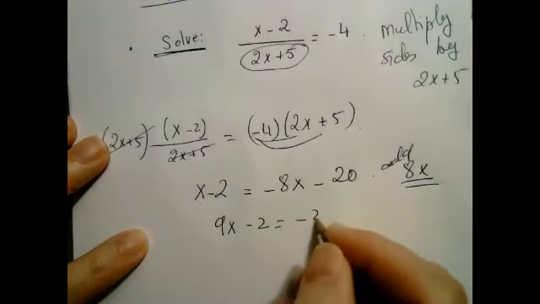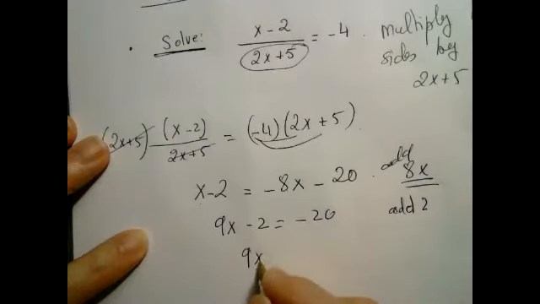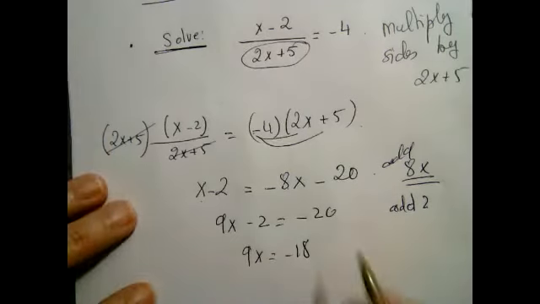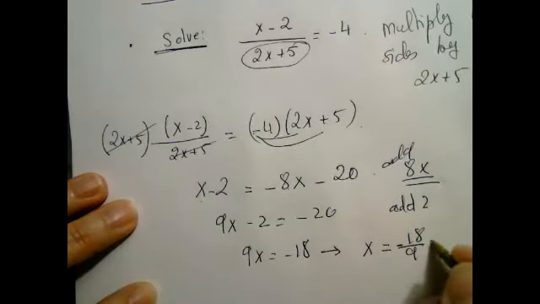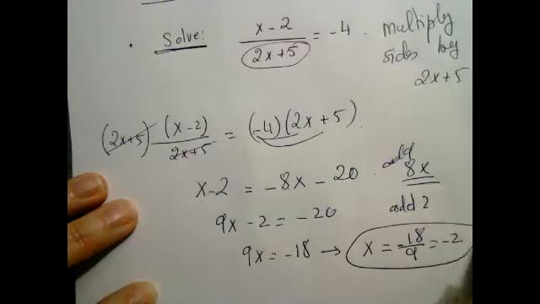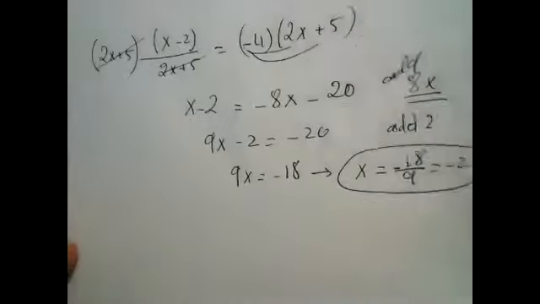Minus 2 equals minus 20. Add 2 to both sides. 9x equals minus 18. Well, that turned out to be simpler than I thought. Divide by 9, which is going to leave me with x equals minus 2. So just a simple algebraic skill that you will need.